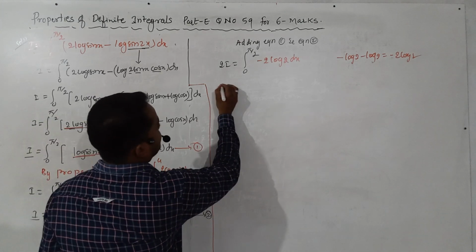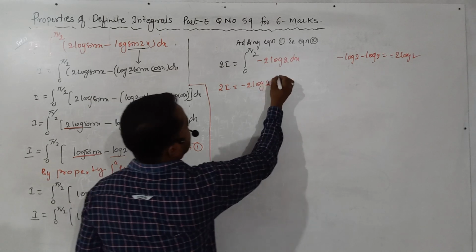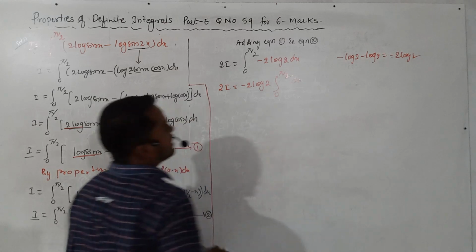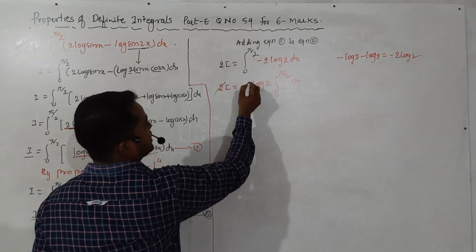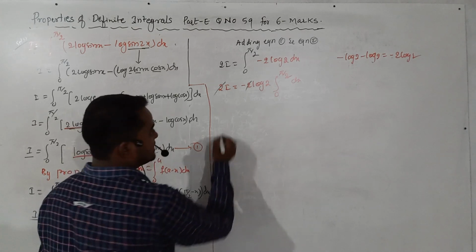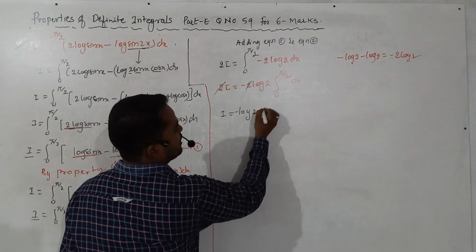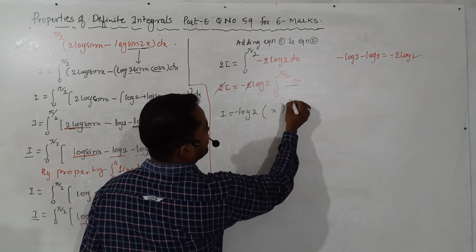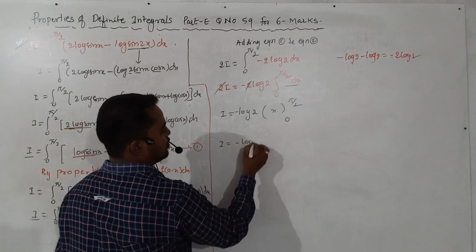Now 2i is equal to minus 2 log 2 times the integral of 0 to 5 by 2 dx. Now I will cancel this 2 and this 2, so I is equal to minus log 2 times the integral of dx, which is x between the limits 0 to 5 by 2.